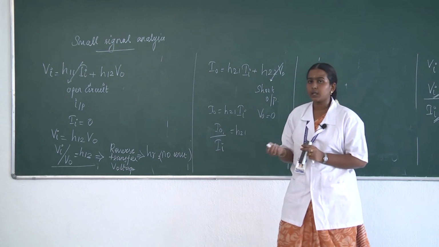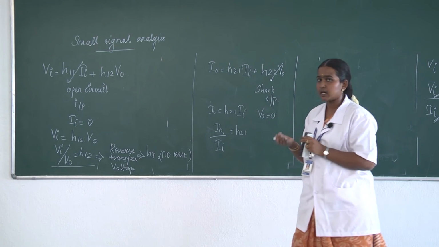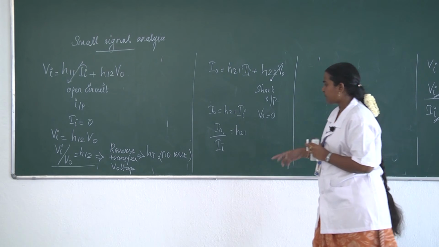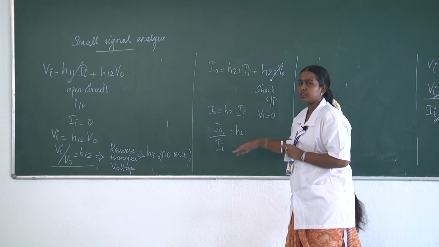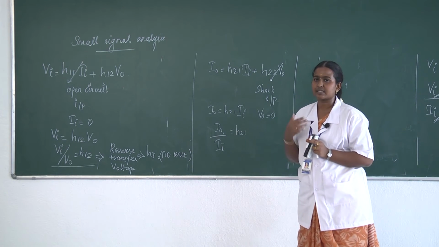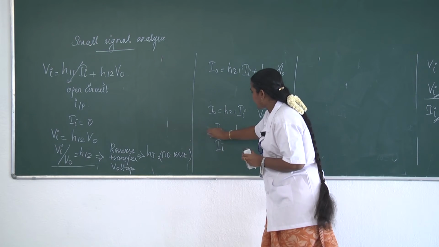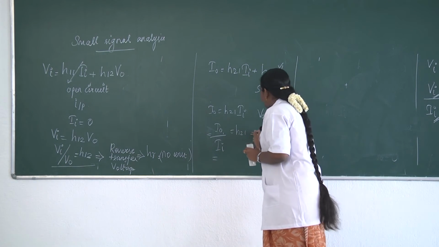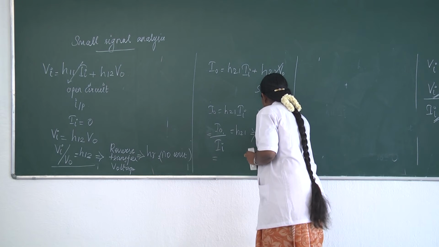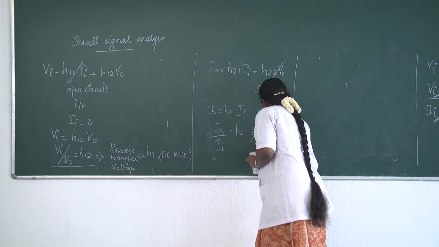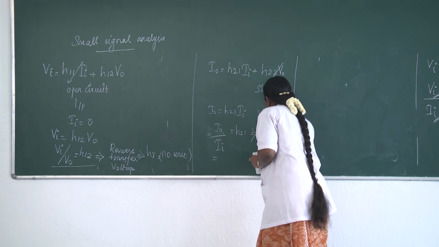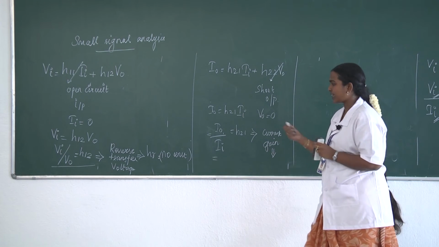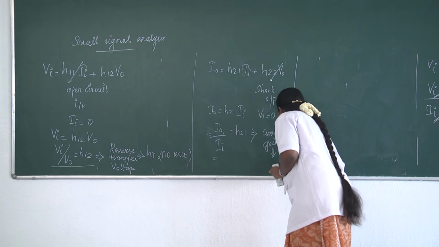So we all know that whenever there is any ratio with output divided by input, then we can call that particular equation a gain. So we have a current here, both the terms are in terms of current, so we can term this one as a current gain. So being this is called a current gain, we can say that one as Hi.